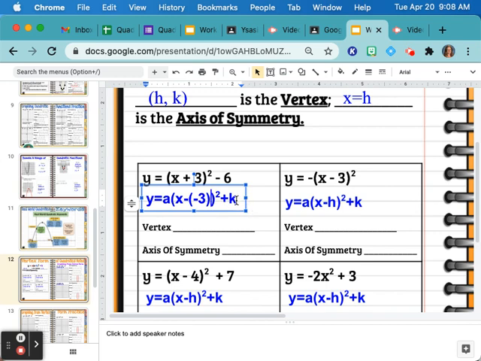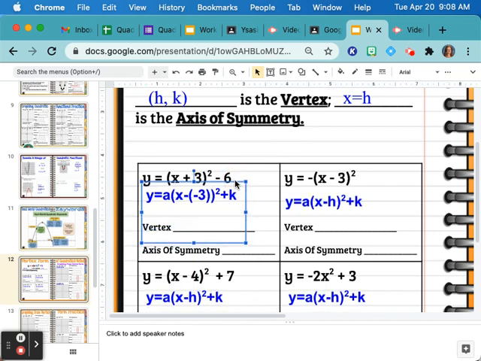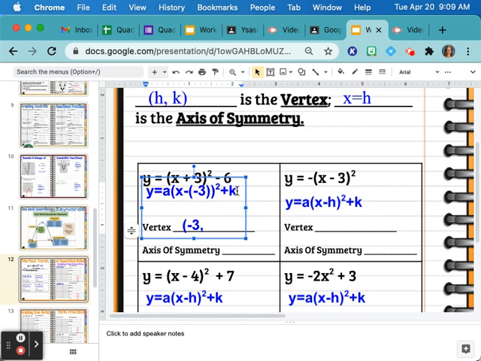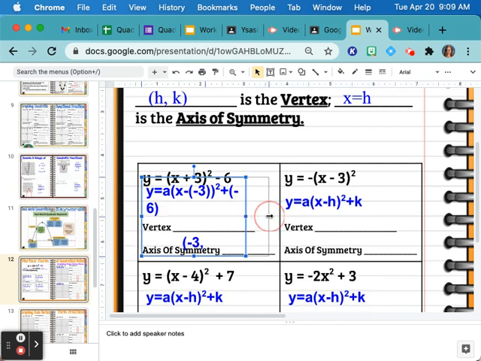So our h value, I'm going to push enter. I can do my vertex. So my h value is -3. And so then what is my k value? It's supposed to be plus a number, but this is minus a number. So what's the k value? It's -6.